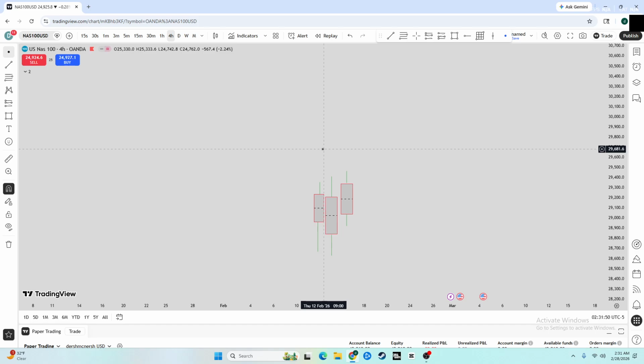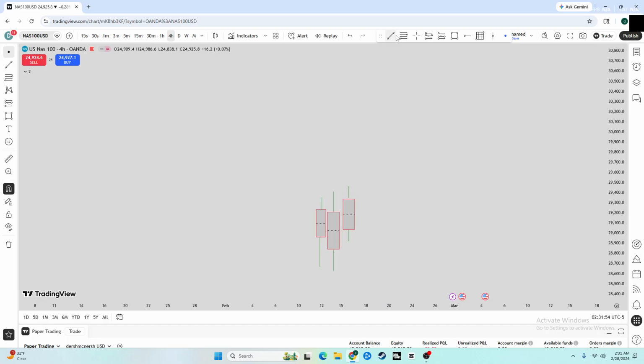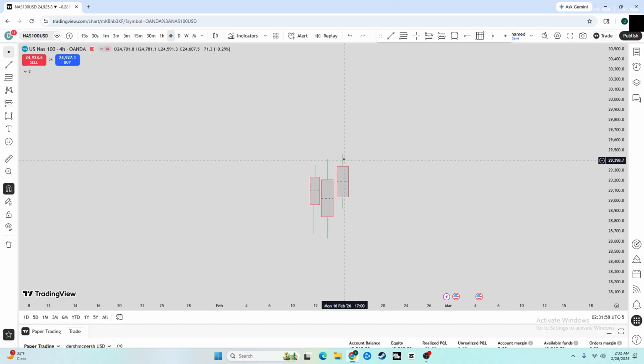It doesn't matter, it's for both of them. So what creates a high? A high gets created based upon the middle candle. It's always going to be the middle candle. So for the middle candle, the wick has to be longer than the candle's wick to the right and to the left.